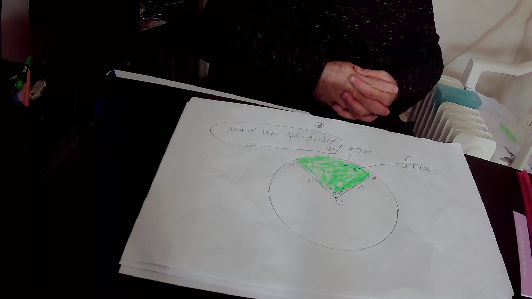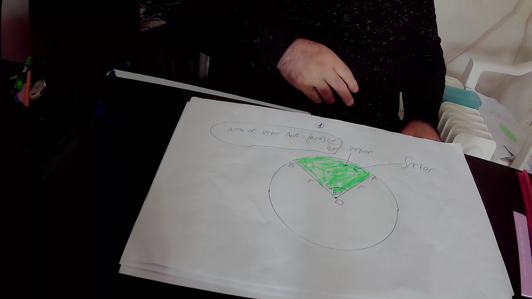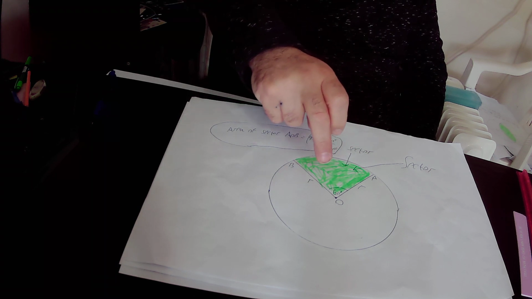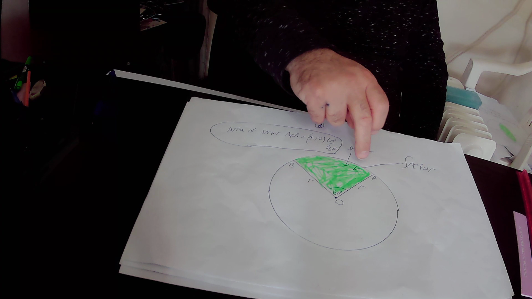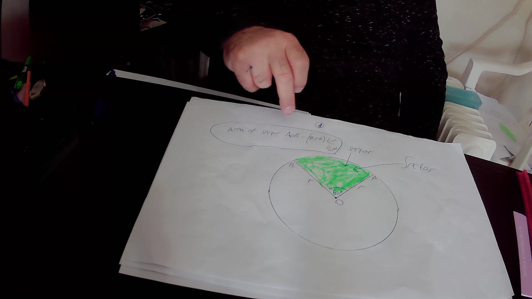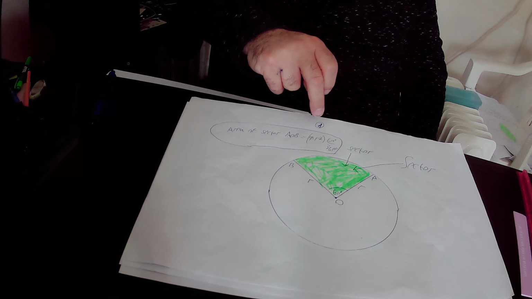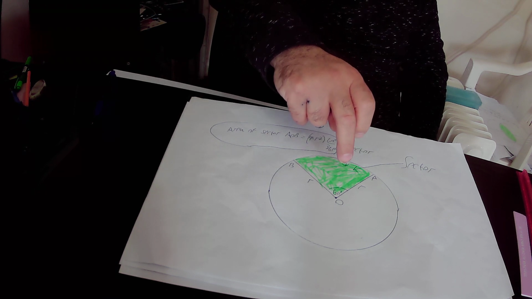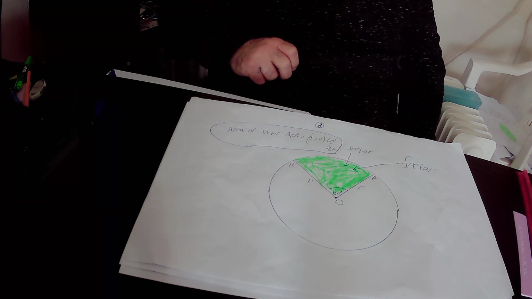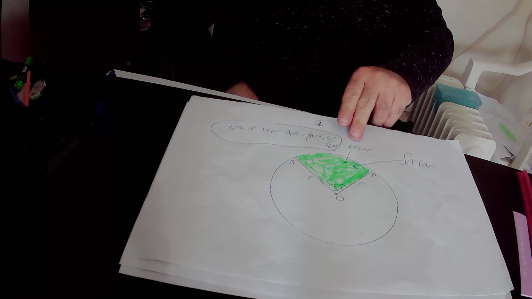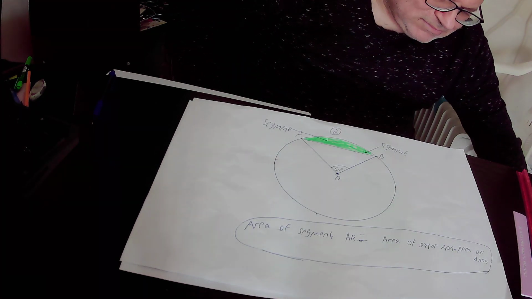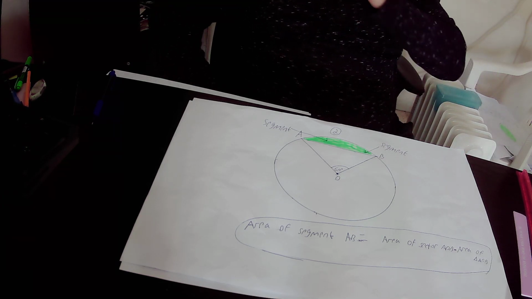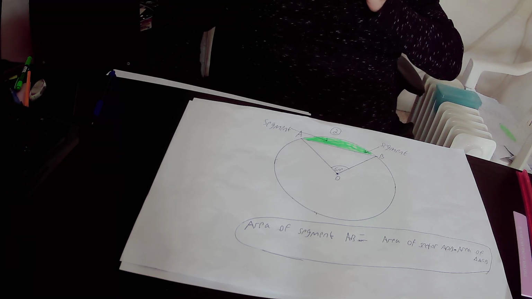Again, a sector is the area that is bounded between two radiuses and the arc that is included between those two radiuses, and the area of a sector is equal to pi r squared times the angle between the two radiuses over 360 degrees. And we have also another term, the term segment.